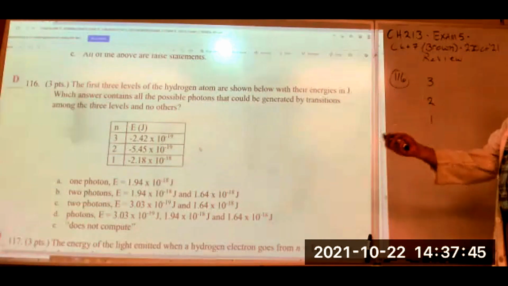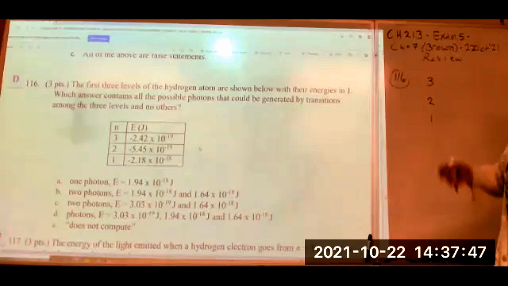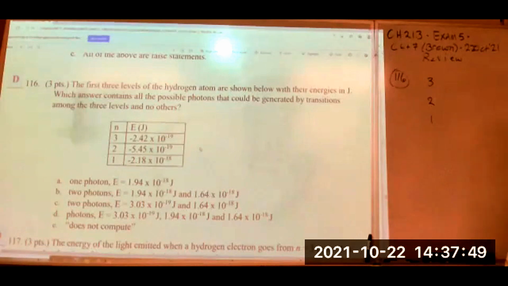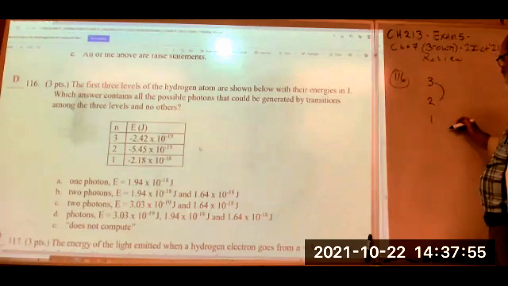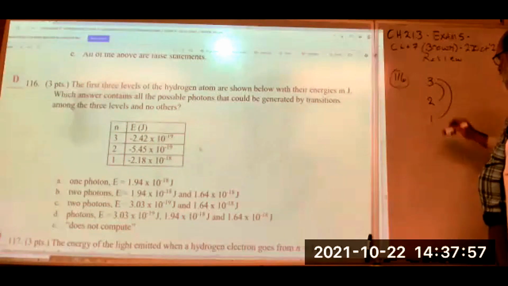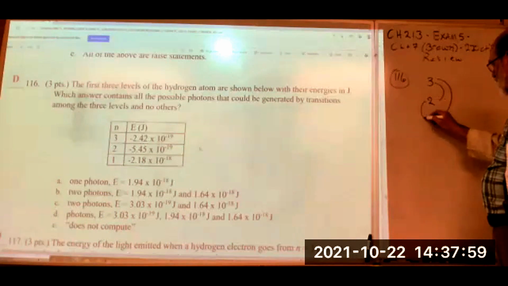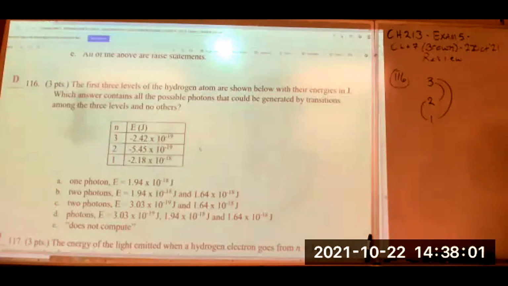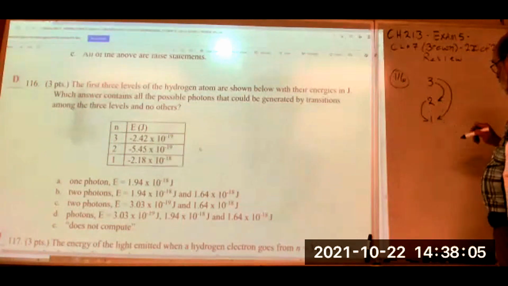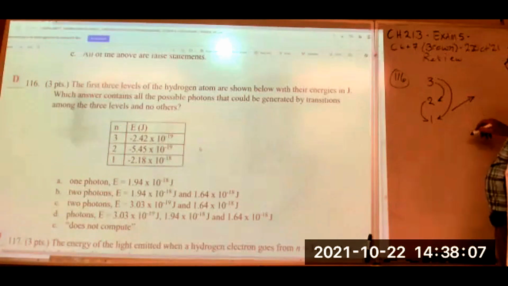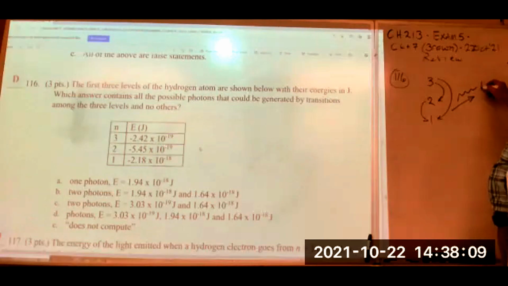You can throw them back in, it's a resample. But combination, once you pull one out, you can't put it back. Anyway, what possible transitions do we have? We can go from here to here, from here to here, or from here to here. That's it. And that would emit light.